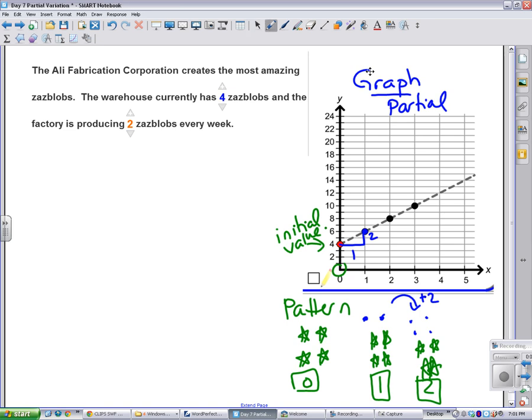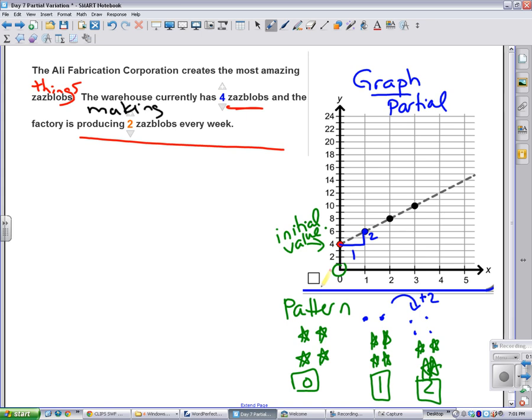Alright, I also have an example here of a story that could explain a partial variation. So we have the Alley Fabrication Corporation creates the most amazing zablobs, so like things. And the warehouse already has 4 things in the warehouse, but the factory is producing or making 2 more each week.